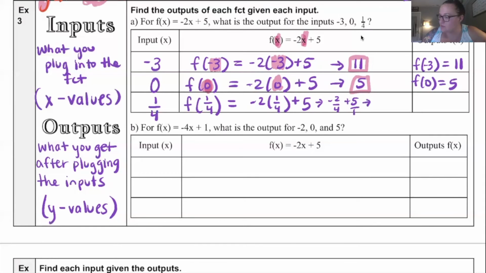So I'm going to multiply that by 4. And I get -2/4 plus 20/4, which is 18/4, which simplifies to 9/2. So f of 1/4, the function of 1/4, is equal to 9/2.